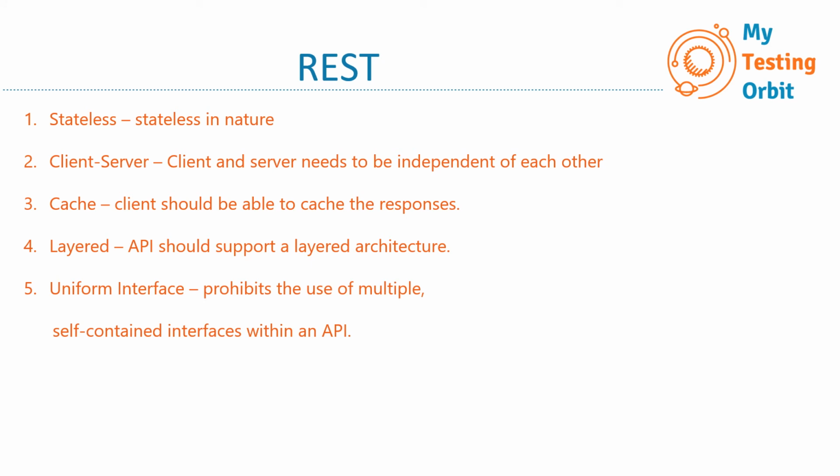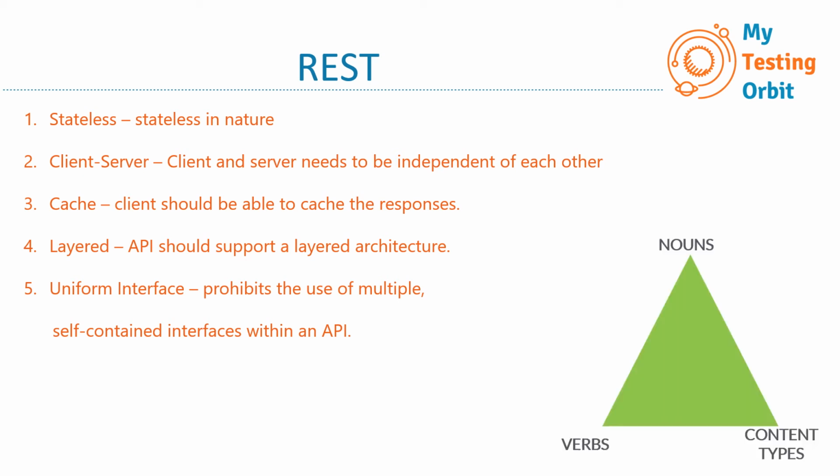And the last one is uniform interface, which prohibits the use of multiple self-contained interfaces within an API. As the name suggests, the interface should be uniform. When we talk about a REST API, it's basically based on these three, kind of a triangle which has these three components: nouns, which identify resources, like a URI. A URI is a uniform resource identifier, which is a string of characters that identifies a particular resource.